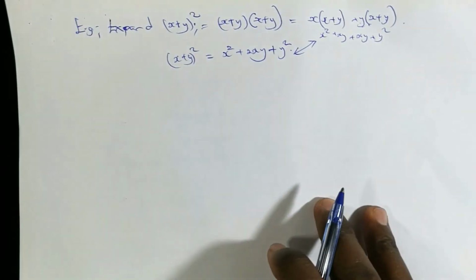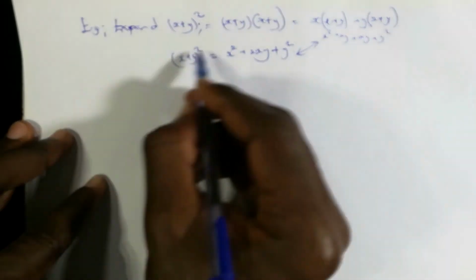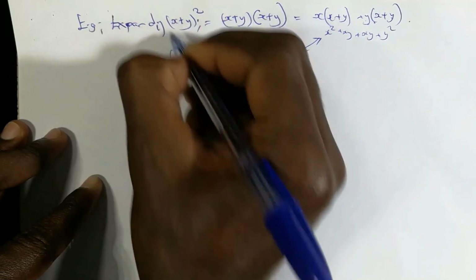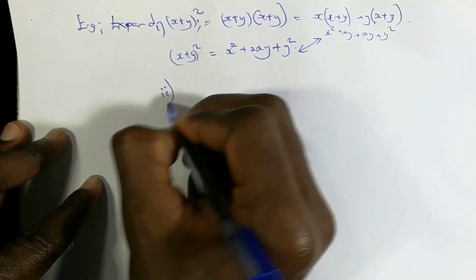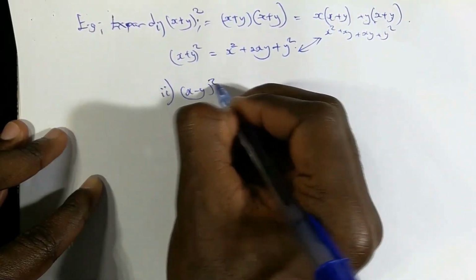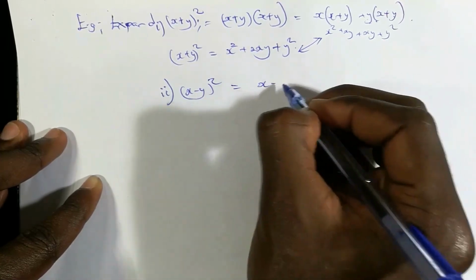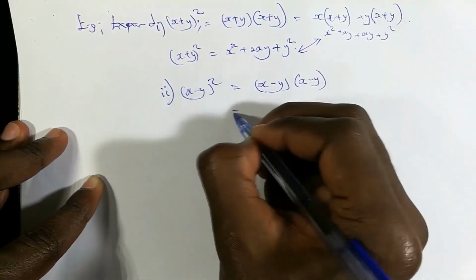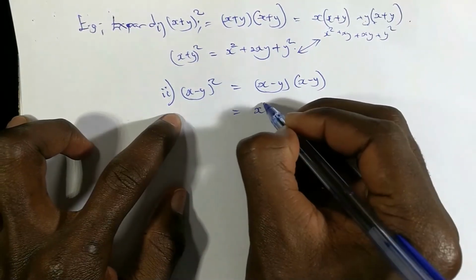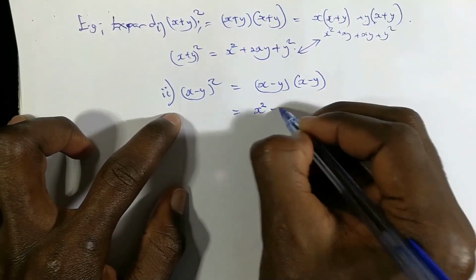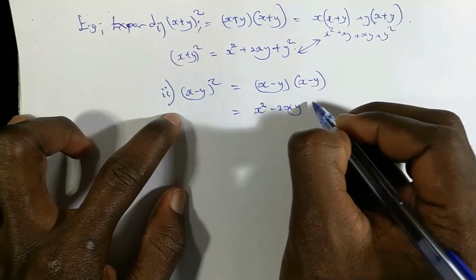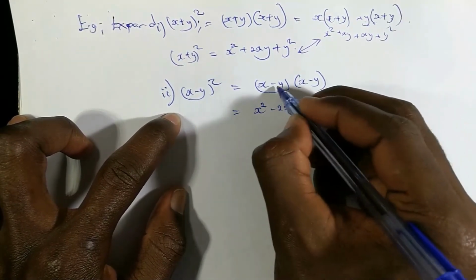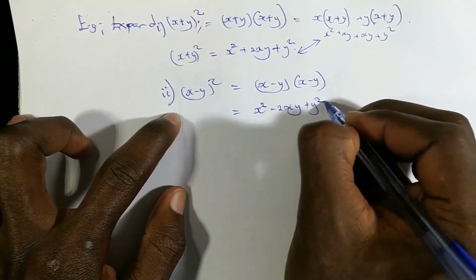It's the same. Then another example we can look at is x minus y squared. You'd have x minus y into x minus y. Remember our identity here was minus 2xy, then plus, because of negative, y squared.